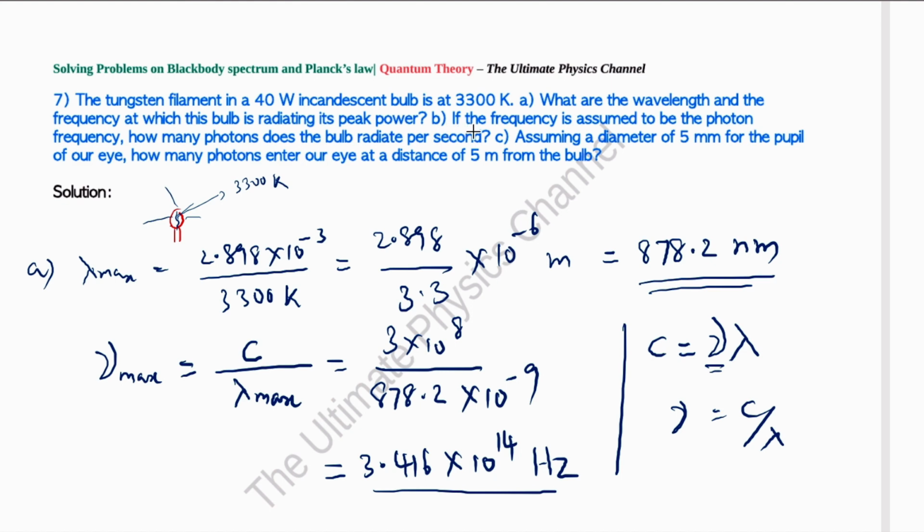The next question is, if the frequency is assumed to be the photon frequency, how many photons does the bulb radiate per second? Now the power of the bulb is given to be 40 watt.